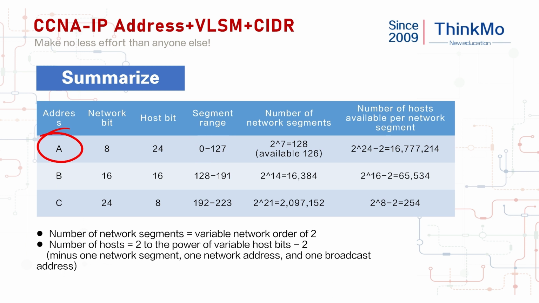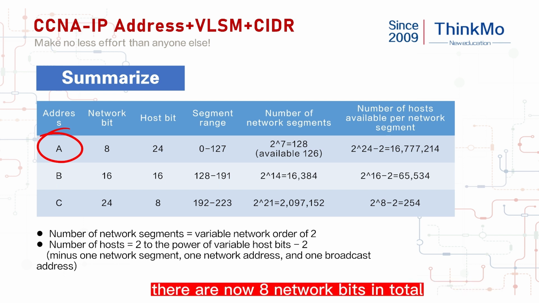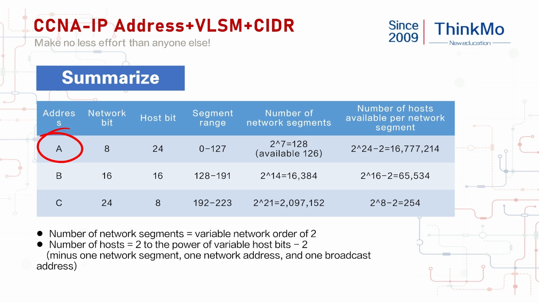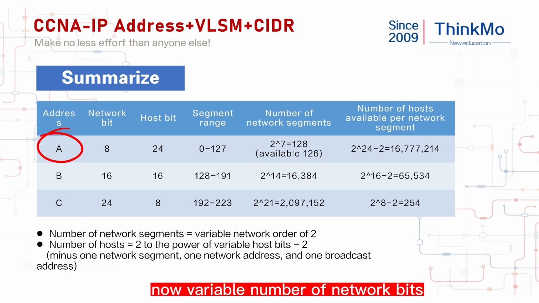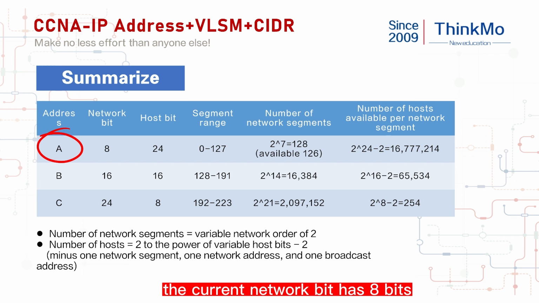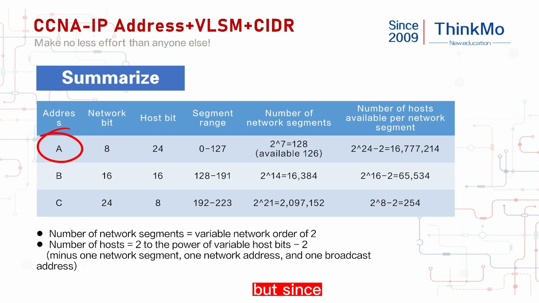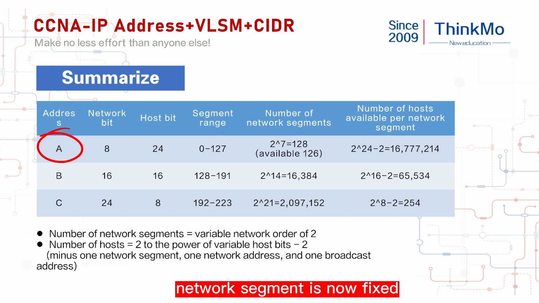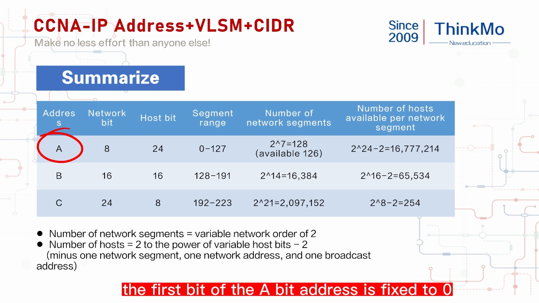You know it. So how do we calculate the number of network segments? There are 8 network bits in total, so you need to look at the variable number of network bits. For example, the current network bit has 8 bits, so it would be 2 to the 8th power. But since the first bit of the network segment is fixed, the first bit of a Class A address is fixed to 0.